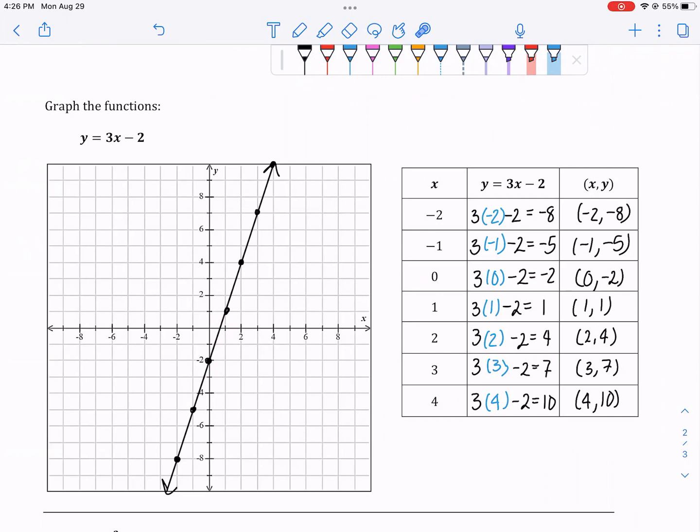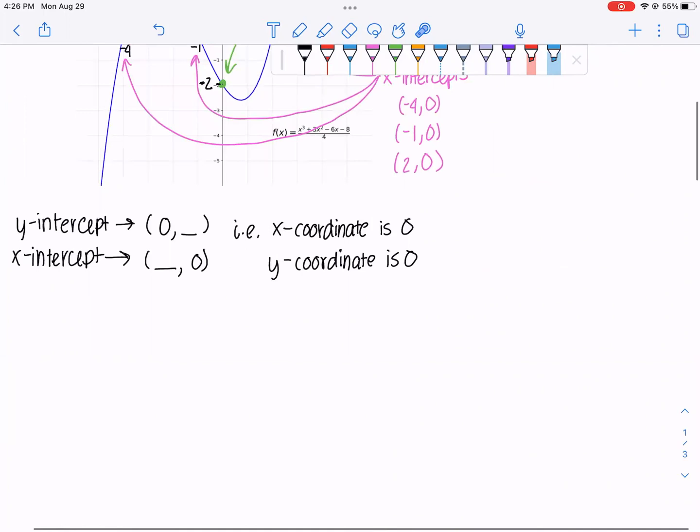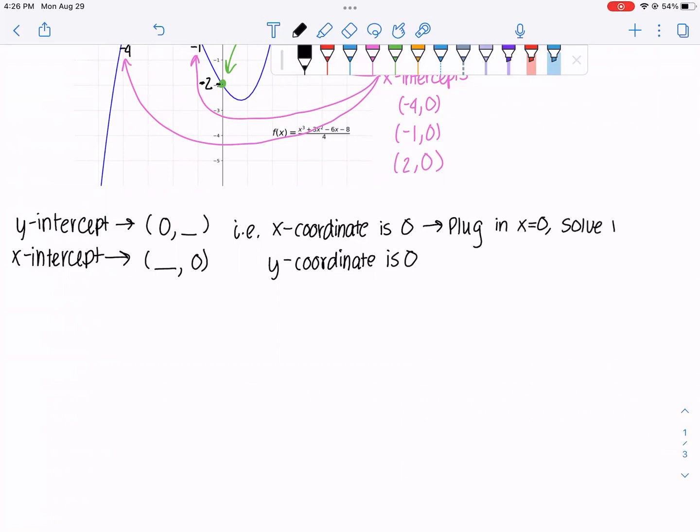So if we look back up here, the y-intercept is where x is 0. The x-intercept is where y is 0. So to find y-intercepts, we plug in x equal to 0 and solve for y. To find x-intercepts, we plug in y equal to 0 and solve for x.